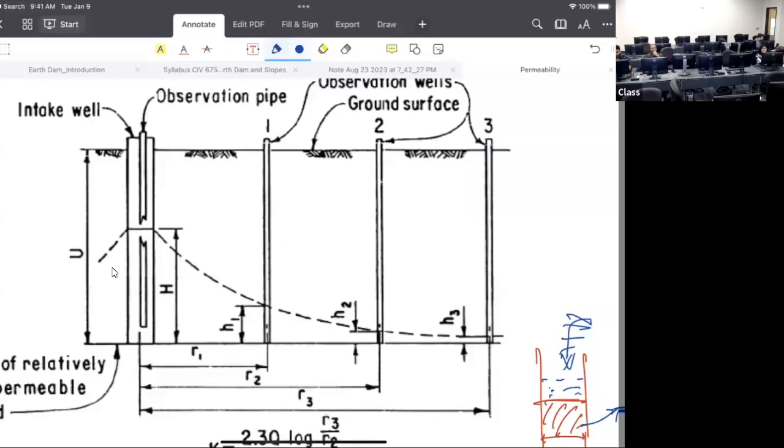How many of you are familiar with the wavy pattern of expansive soil pavement? Any idea?